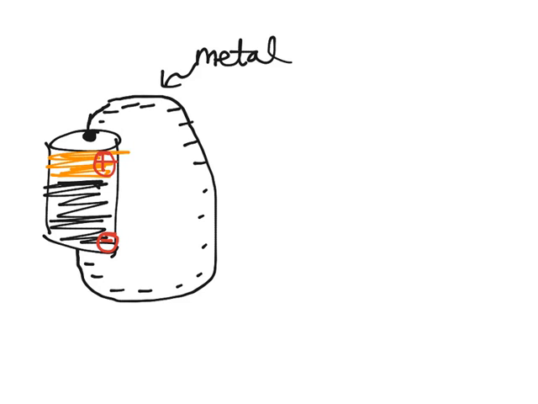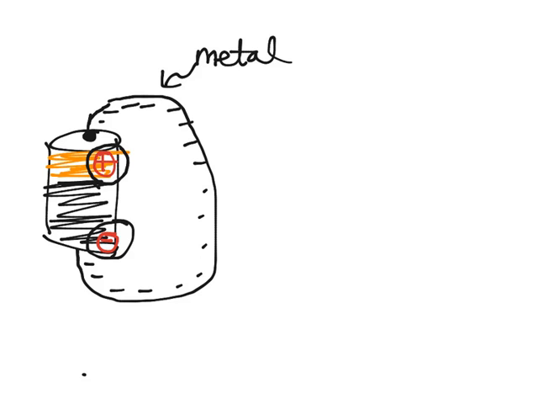And they're going to keep doing that until eventually you wouldn't have a negative side over here. You would just have a neutral side because all of the extra electrons would have moved over to the positive side. And that's when your battery runs out.